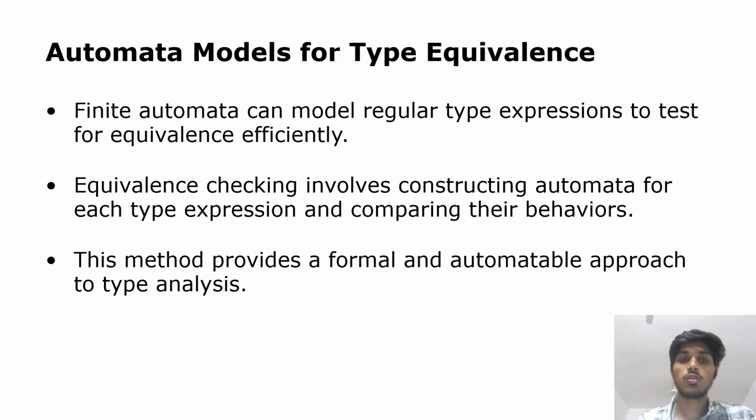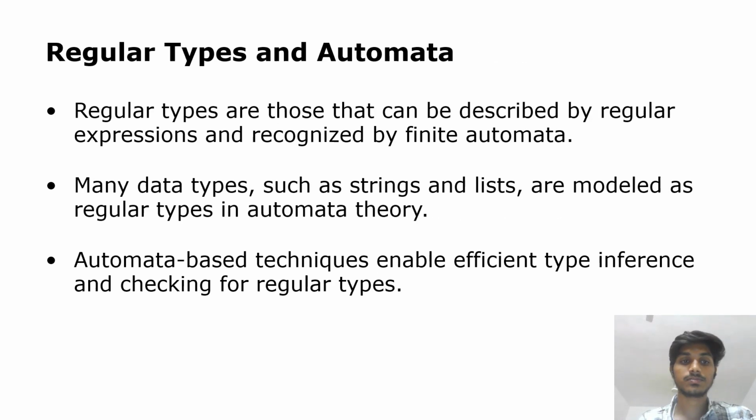Automata models for type equivalence. Finite automata can model regular type expressions to test equivalence efficiently. Equivalence checks involve constructing automata for each type expression and comparing their behaviors. This method provides a formal and automated approach to type analysis.